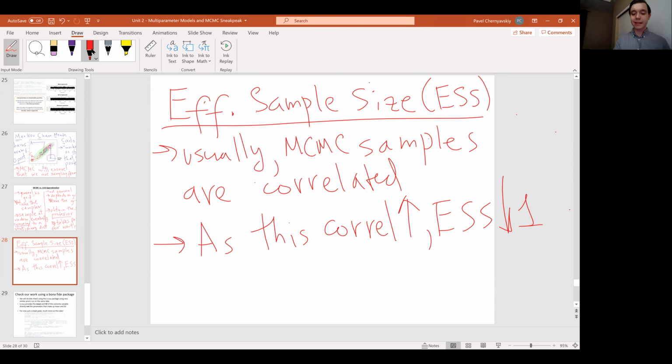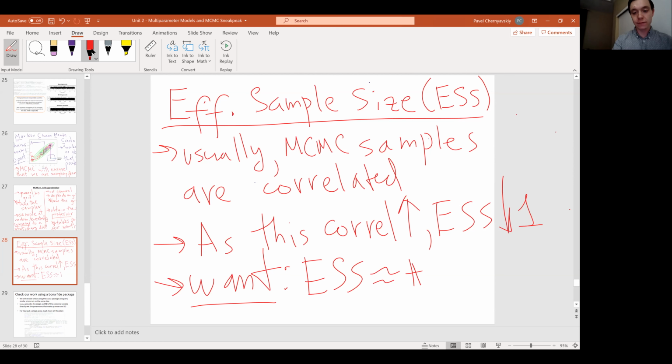That is, of course, a silly edge case: if you take 1,000,000 samples that are almost perfectly correlated, you've learned the same about your posterior as taking just 1 sample. So what we want in our effective sample size is ESS as large as possible, but approximately equal to the number of requested samples.